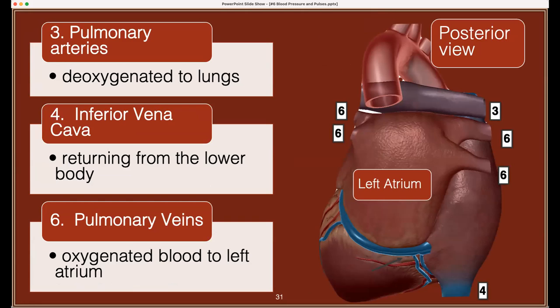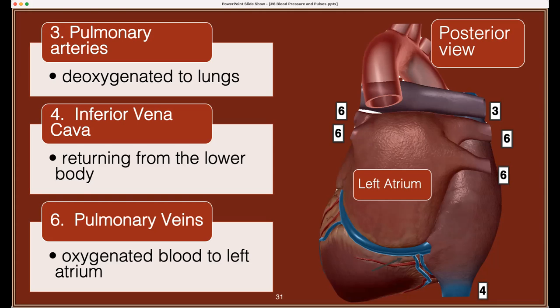The left atrium is receiving oxygenated blood from the lungs. So those vessels labeled with number 6, they're pulmonary veins. They contain oxygenated blood coming from the lungs. And this upper one is the pulmonary artery.